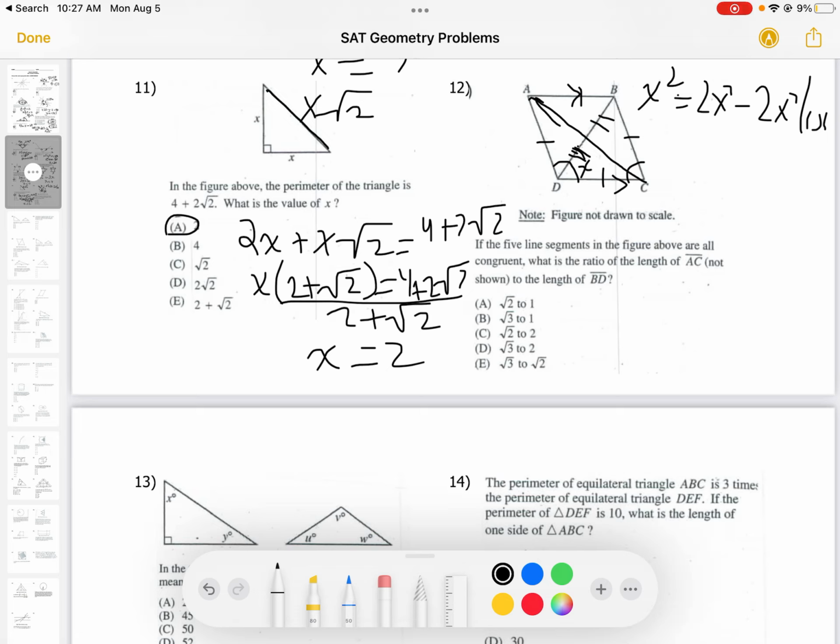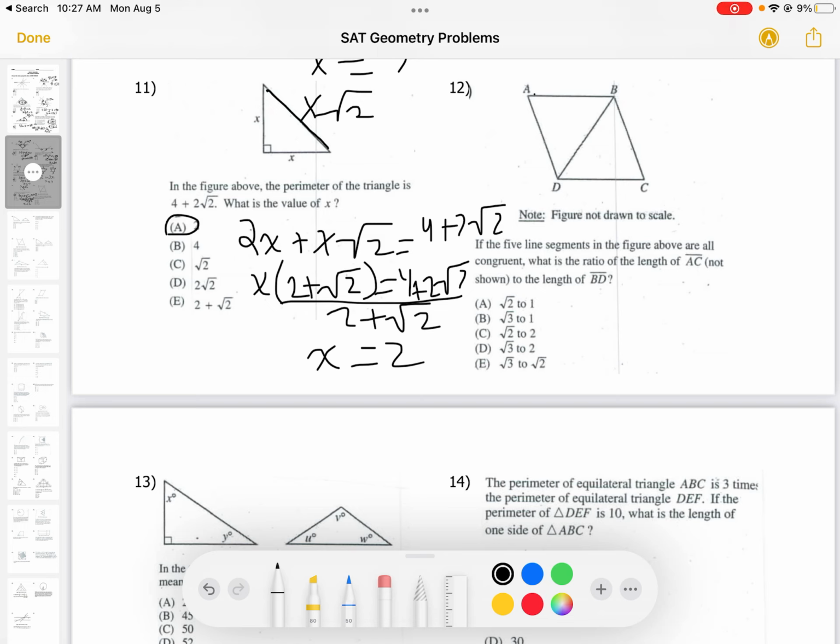So cosine, here, let me clean this up a bit. Okay. So we're gonna use the law of cosines really quick, just to brute force this.